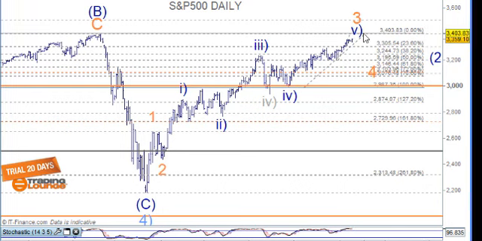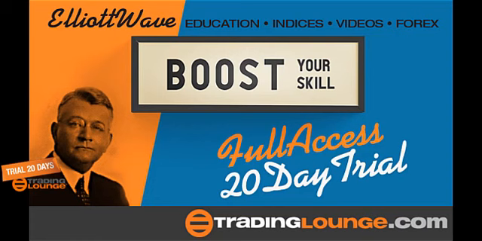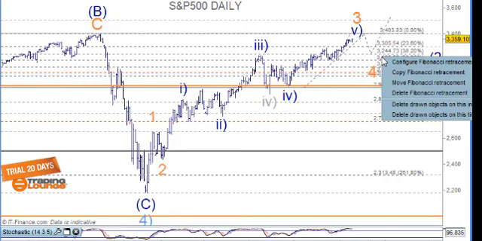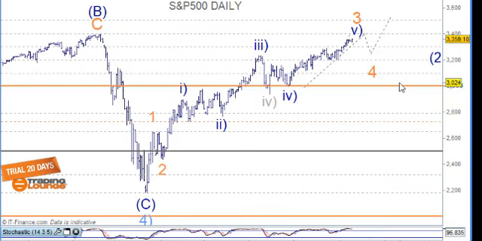That means we would have a move down into the 38.2% retracement level, thereabouts, and then another move to the upside, pretty much the same length as wave 1, because the extension's in wave 3. So we just need to be a little bit mindful of that.